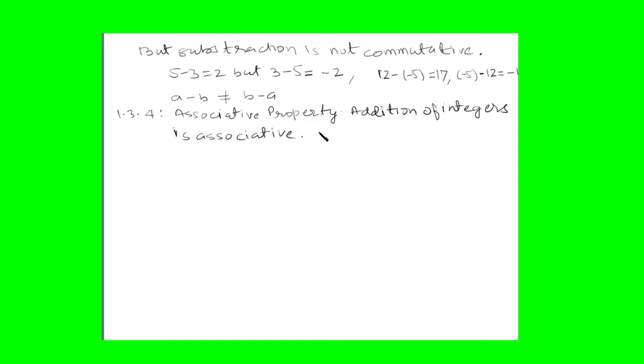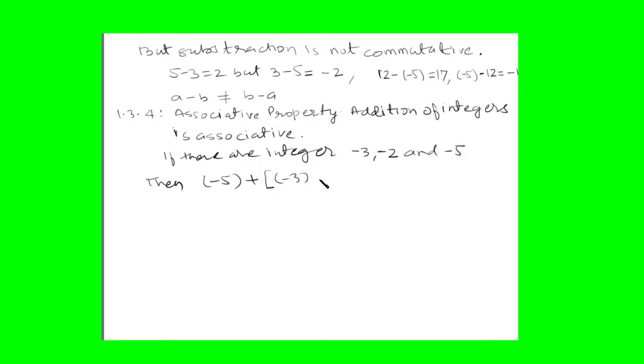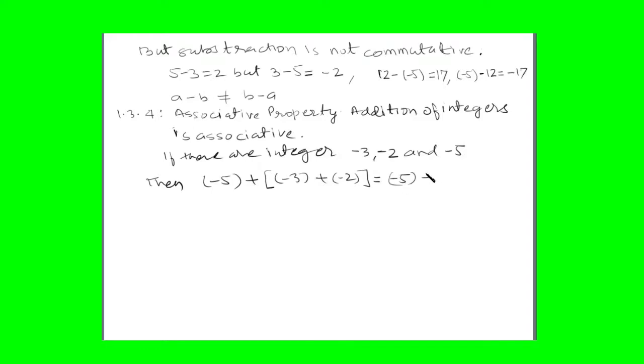If there are integers minus 3, minus 2 and minus 5, then minus 5 plus, within the bracket, minus 3 plus minus 2 is equal to minus 5 plus, on solving the bracket we get minus 5, and the result is minus 10.